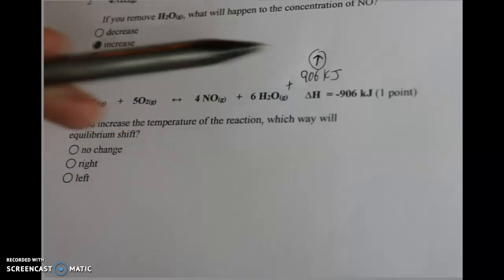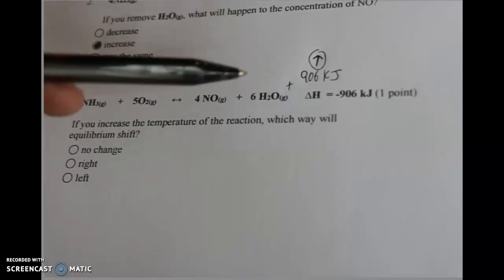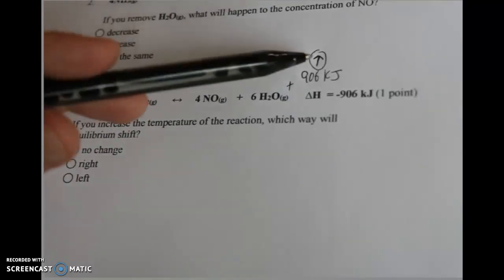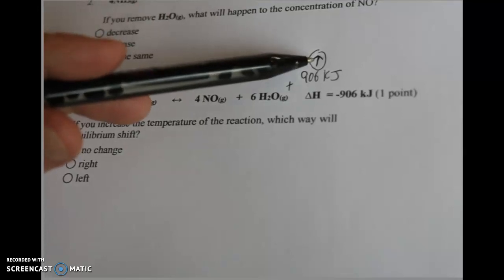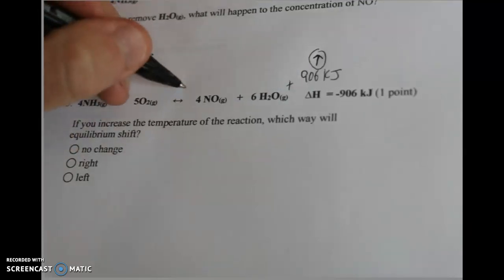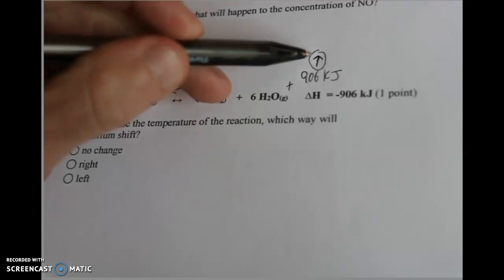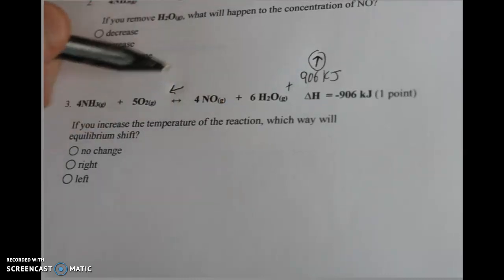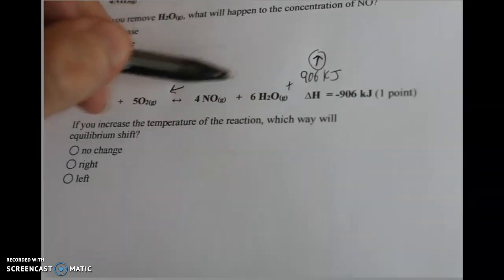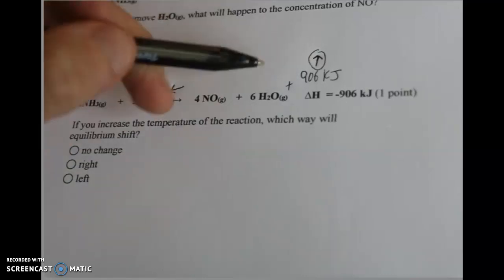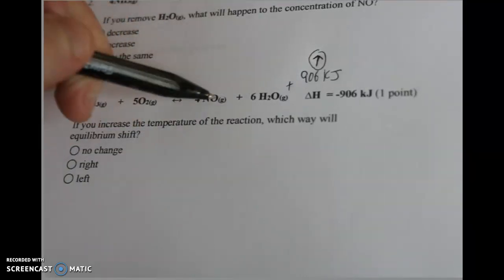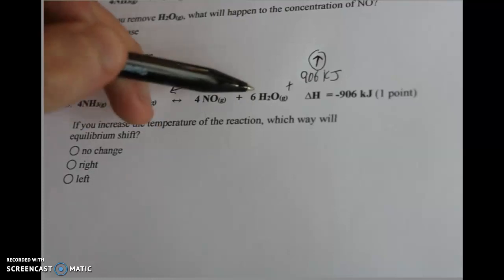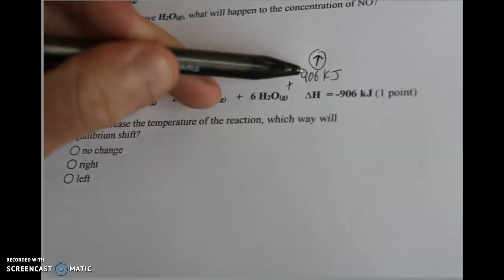Now if you add something, the reaction is going to try to minimize that change. It's going to try to consume some of this excess heat, and it's going to shift to the opposite side. So if you add something, it shifts to the opposite side. The way it's going to try to get rid of this excess heat, it's going to sacrifice some of these other products because they will react with that heat.